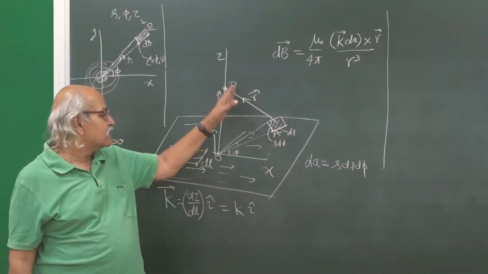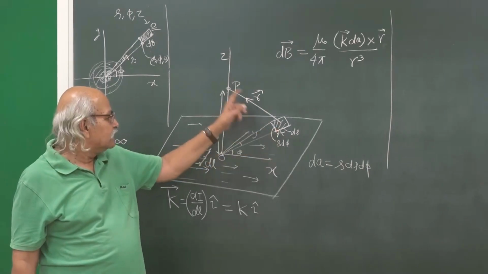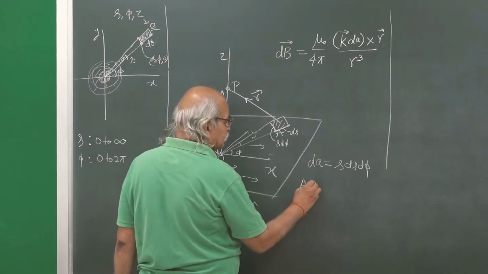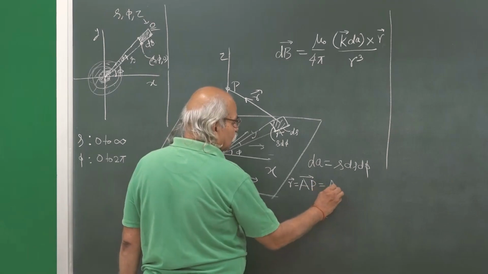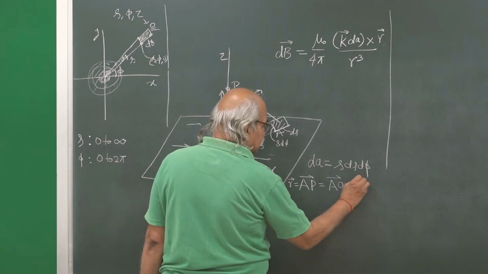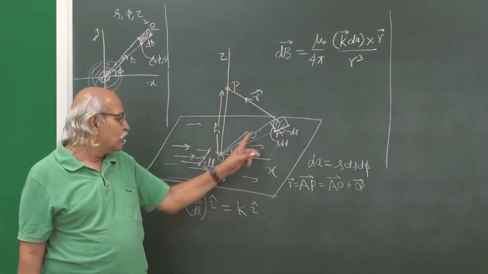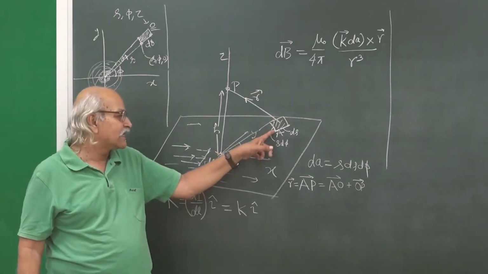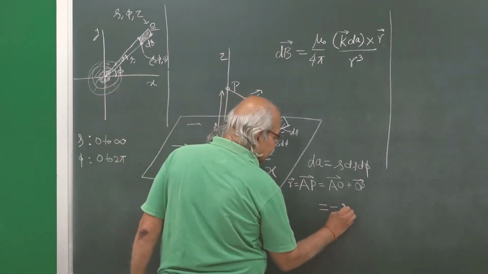The r vector is just AP, and as usual, we will do the same thing. AP is AO plus OP. So, what is AO? OA length is s and the direction of OA is s cap. So, this AO is minus s cap.